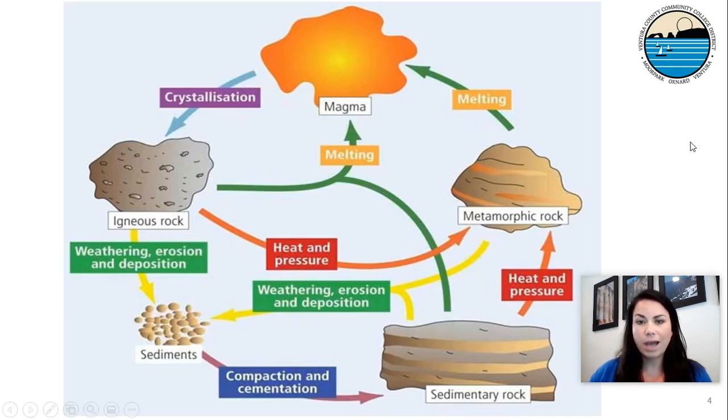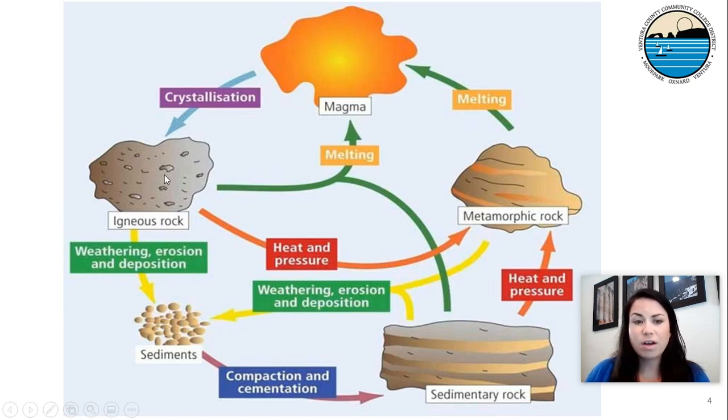So let's take a look at the rock cycle. This is essentially it. The cycle is basically the path that a rock can take in transforming from one type of rock to another. So when we have the forming of magma, it can crystallize into an igneous rock.